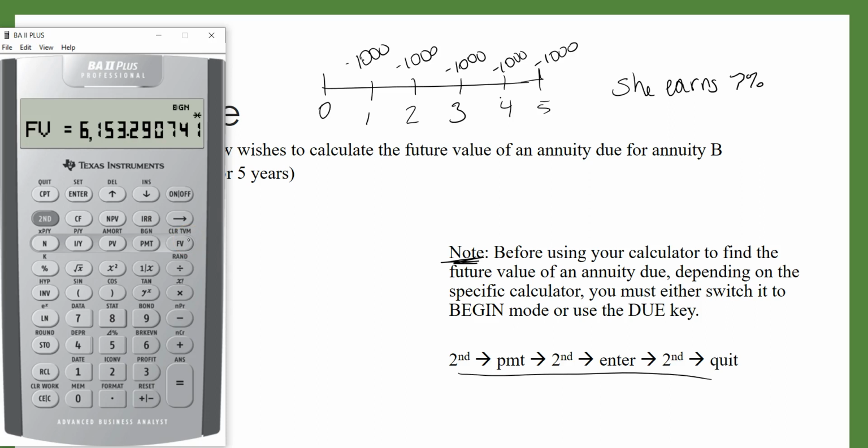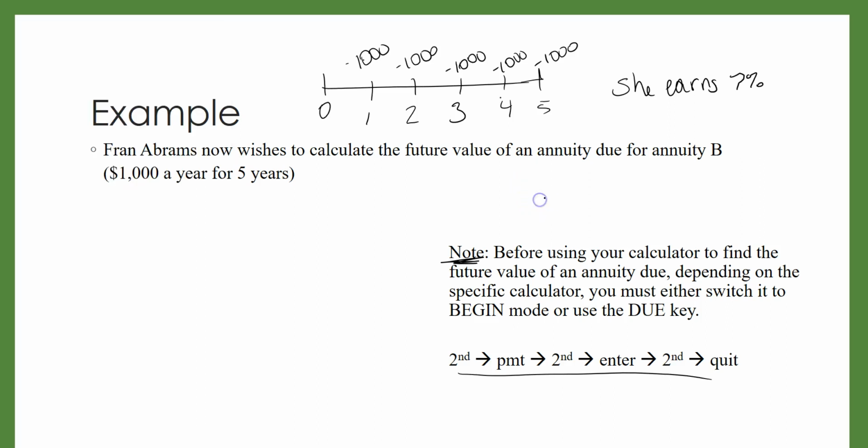The future value, $6,153.29, which is more than she would earn if she had put the money in at the end of the year. She's basically getting an extra interest payment because instead of putting it in on December 31st, she's putting it in on January 1st. And so she gets a greater amount because she has longer for her money to grow.